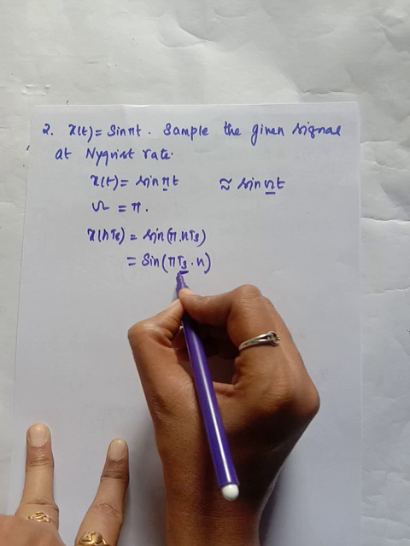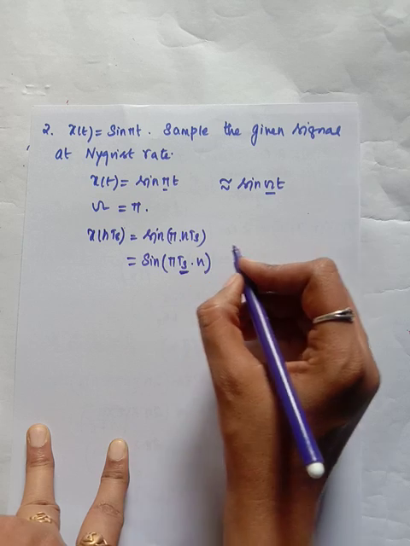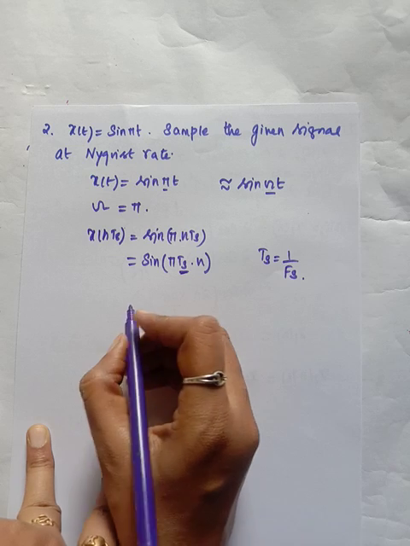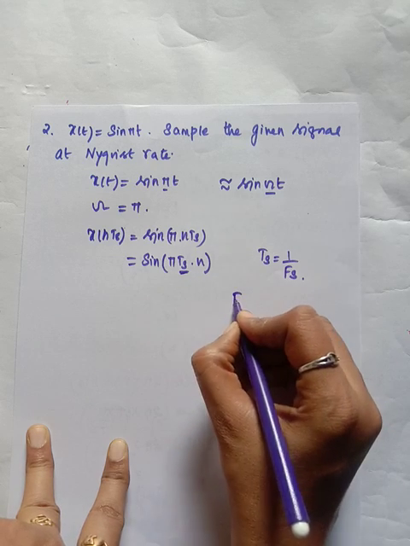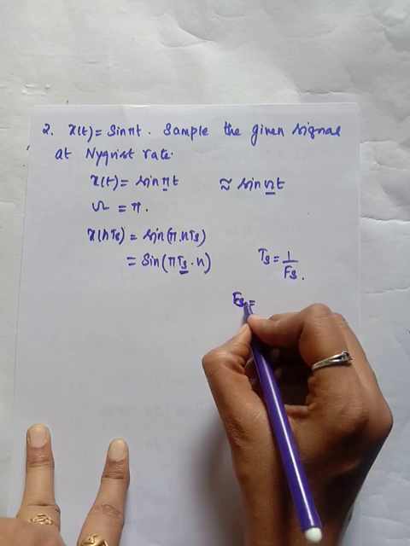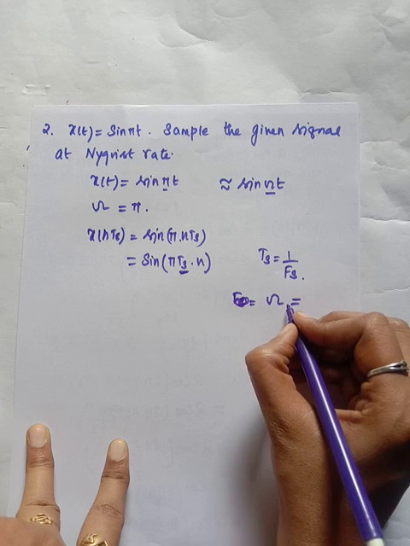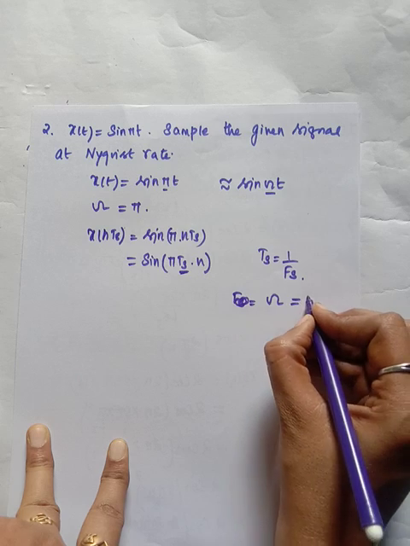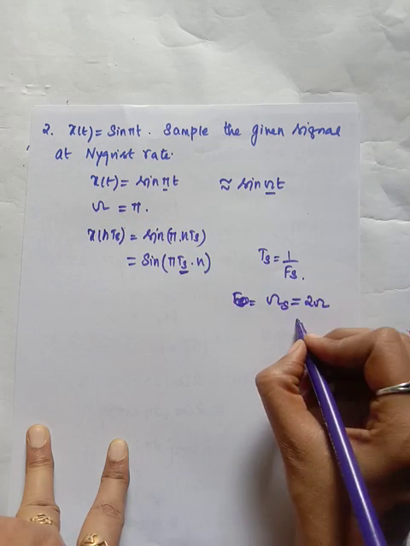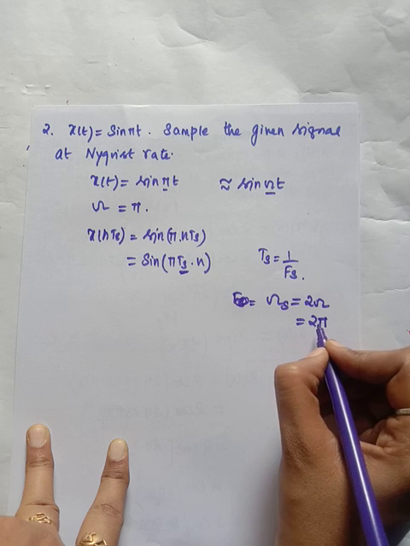Now I need to sample this signal with the time period of Ts, where Ts is equal to 1 by Fs. How can we find Fs? It should satisfy the Nyquist criteria: the sampling frequency omega s should be greater than or equal to twice the highest frequency component. Here the highest frequency component is pi, so omega s is equal to 2 pi.